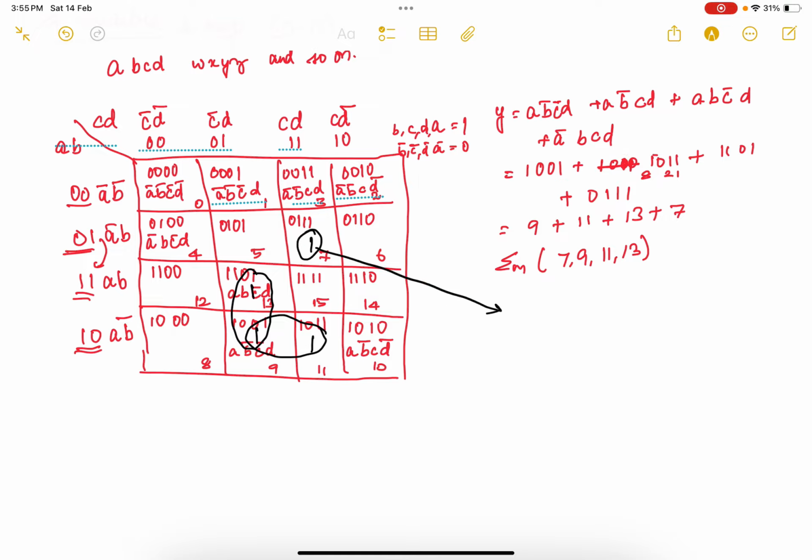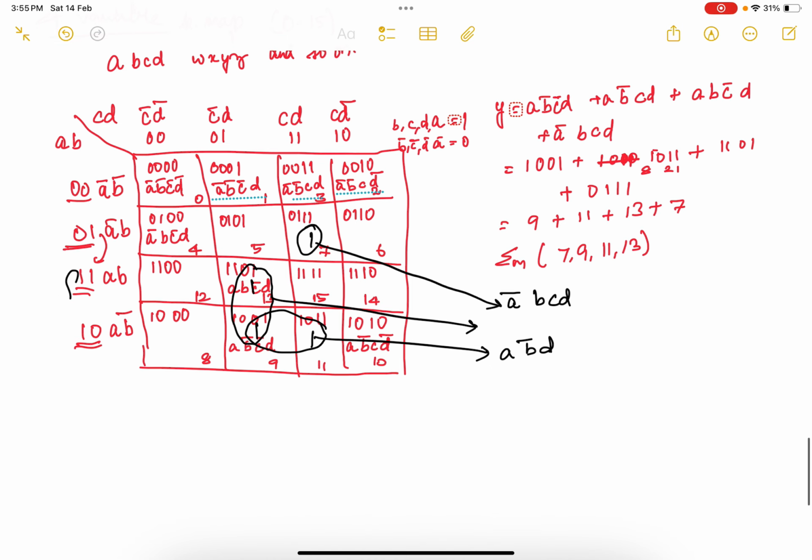For this pair the answer will be A bar, B, C, D. And for this pair the answer will be A, B bar, and in these two the common term is D. And if we talk about this pair, the common term with respect to the rows is A, and here it belongs to C bar and D. So your final answer will be a combination of all three terms, that is A bar B C D plus A C bar D plus A B bar D. Got it?